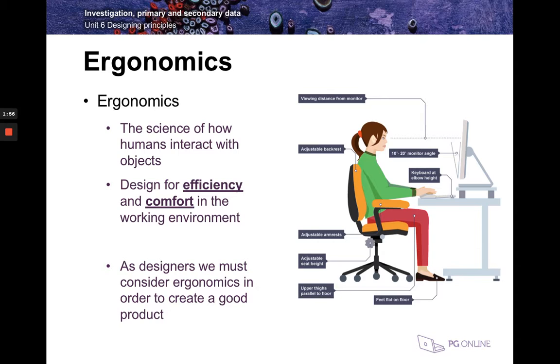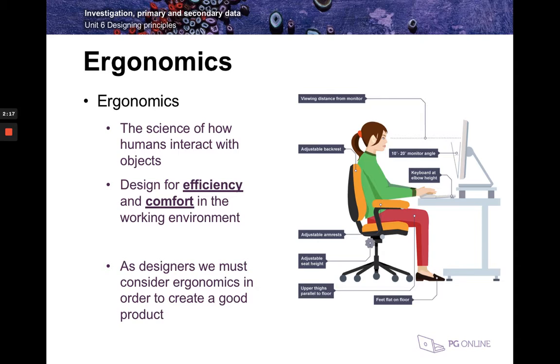If we look at the picture that is on the screen now, the designers who designed the chair and the table have designed with ergonomics in mind. They have thought about how that user, how that lady can be more comfortable when she sat in front of a computer all day.